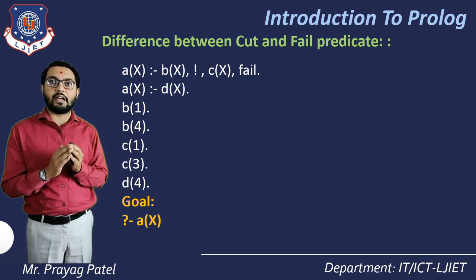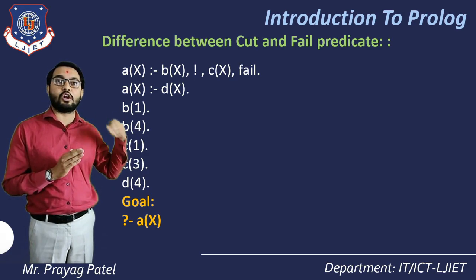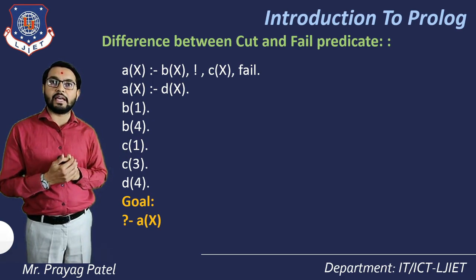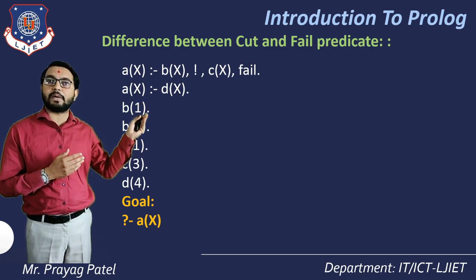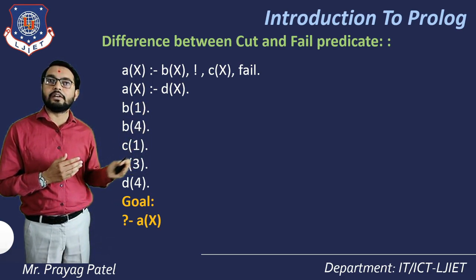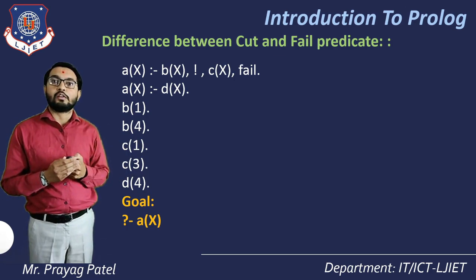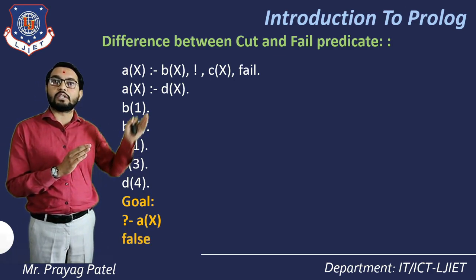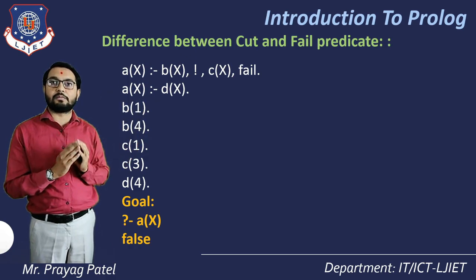After finalizing the value from B(X) equal to 1, we cannot change it because the cut is here. So C1 is there, already B1 is satisfied, yes, C1 is satisfied, yes. Then comes fail. The fail predicate gives the answer as fail, because here the first rule is false.